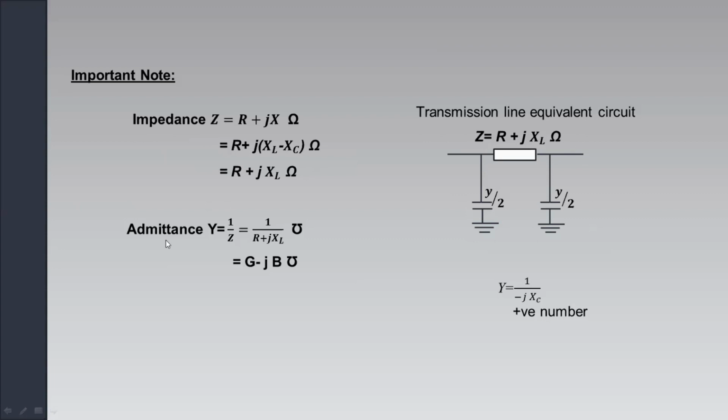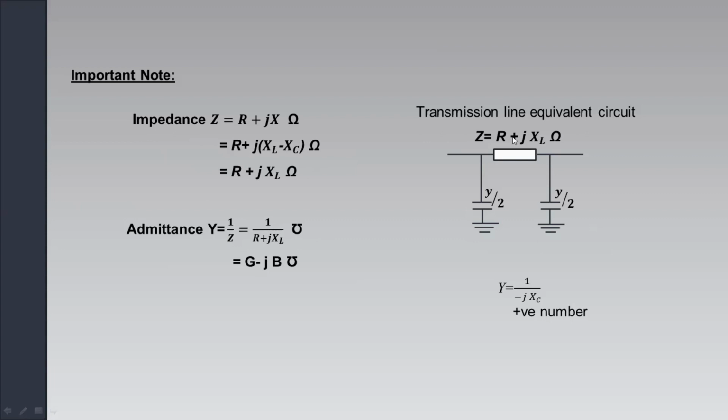Let's see about admittance. The reciprocal of impedance is called admittance. Take the reciprocal, 1 divided by R plus jXL. Multiply the conjugate on numerator and denominator and simplify. You get the final form G minus jB. The unit of admittance is mho. One important point is that the admittance imaginary term is negative.